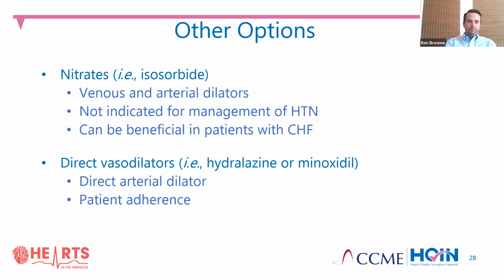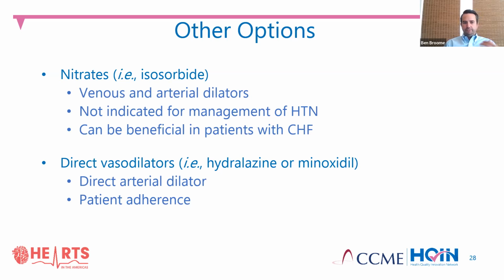A few others, so isosorbide, again, not necessarily indicated for the management of blood pressure per se, can be used in conjunction with hydralazine in patients who have CHF, especially those who can't tolerate an ACE or an ARB. It's both a venous and arterial dilator. And then some further direct vasodilators, hydralazine, minoxidil.